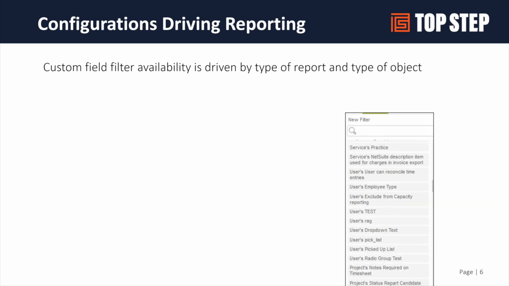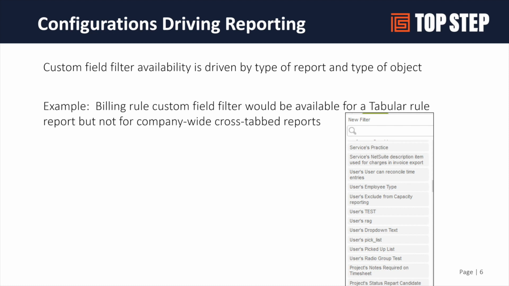As we're creating custom fields and you want to be able to have those used as filters, you need to think about the types of records, as we mentioned, that you're putting the custom field on, and make sure that it's going to be available where you expect it to be in the reports. A good example we run into is billing rules, right? You can create custom fields on billing rules, as you can on just about every object in OpenAir.